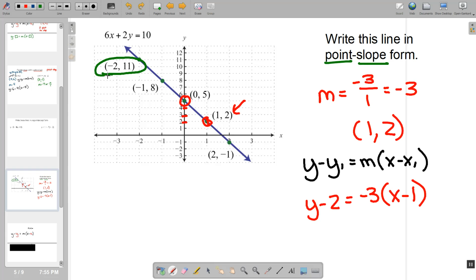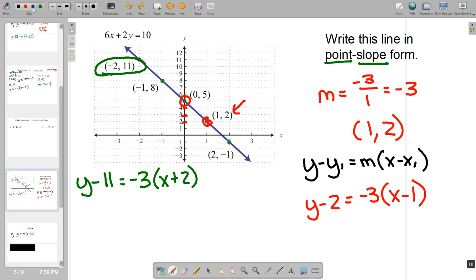For example, if I wanted to graph in green here, I would do y minus, our y value is 11. Our slope is still -3. So I would do x, in this case, this is a -2. So I do x plus 2. And I can graph that line.